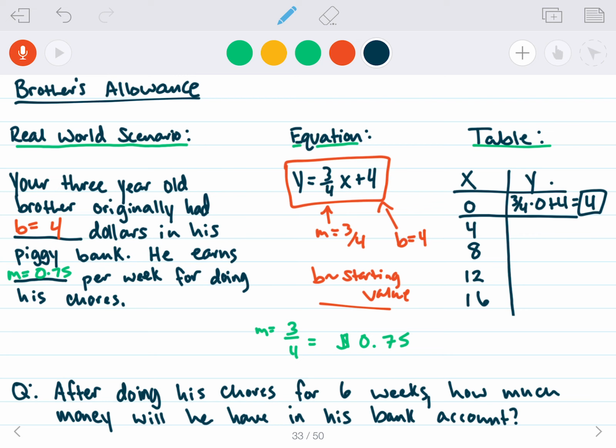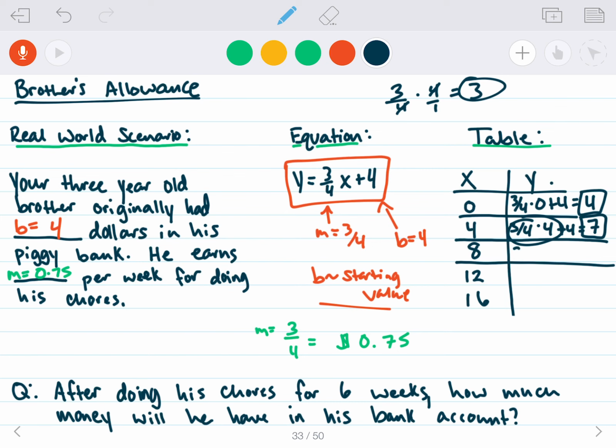If we plug in 4 for x, we get 3/4 times 4 plus 4. 3/4 times 4, if you verify that over here, those cross out and you just get 3. So this is 3 plus 4 is 7. Okay, so this is 7. All right, and when x is 8, we have 3/4 times 8 is 6 plus 4 is 10.